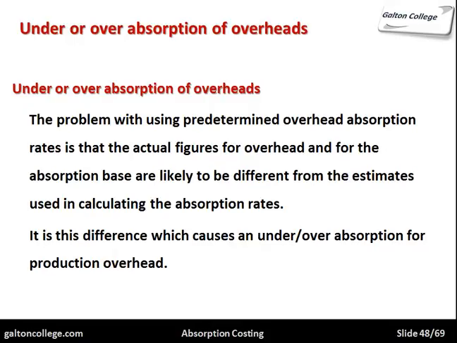So if the management are using last year's figures in the current year for absorption purposes, the situation may have changed. Costs may have changed, overheads may have changed, usage of overheads may have changed, the type of overheads may have changed, technology may have changed, many things may have changed. And therefore there's likely to be differences, under or over absorption, in the current period.